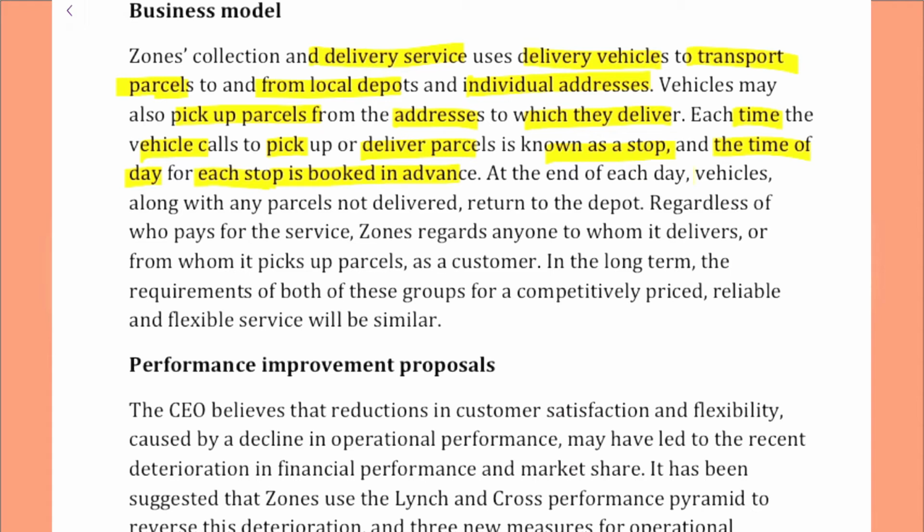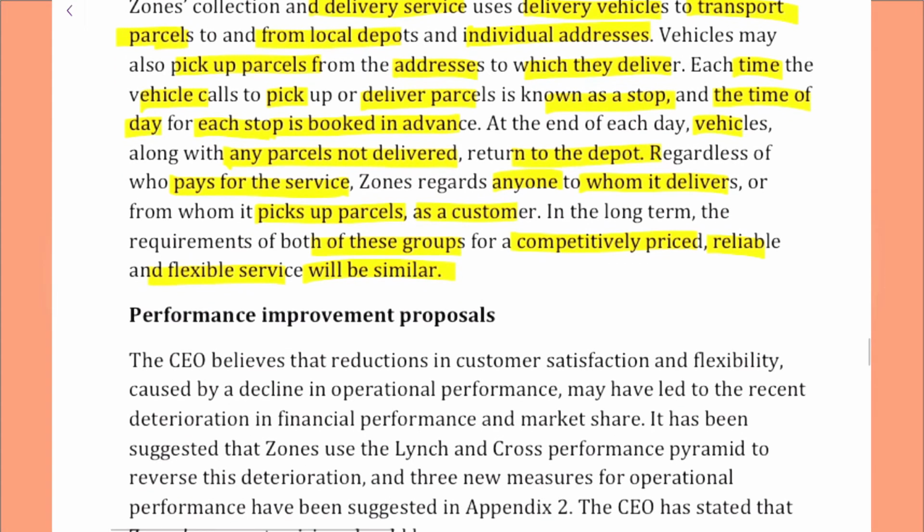At the end of the day, vehicles along with any parcels not delivered are returned to the depot, regardless of who pays for the service. Zones regards anyone to whom it delivers or from whom it picks up parcels as a customer. In the long term, the requirements of both these groups for a competitively priced, reliable and flexible service will be similar. Okay, so now we've obtained a better understanding of the business model of this particular company, isn't it?